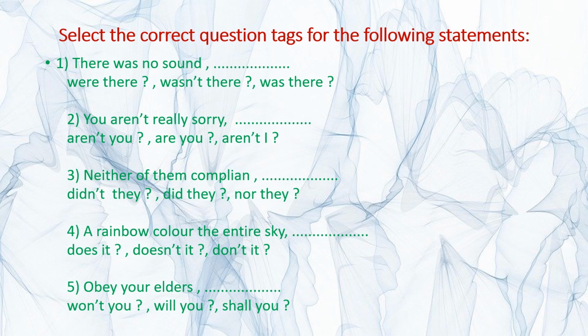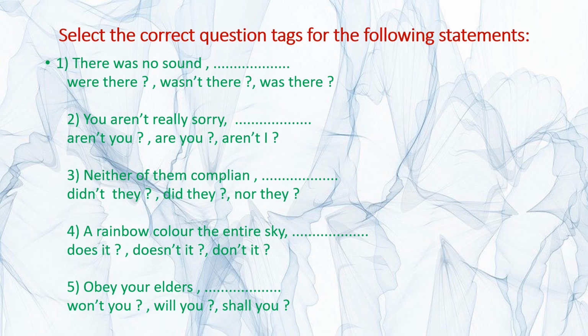Then the third one, neither of them complained. Now didn't they, did they, nor they. So select the correct option and write down the correct question tag. Okay, now what will be the correct answer here? Did they.